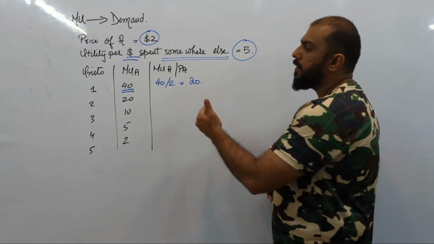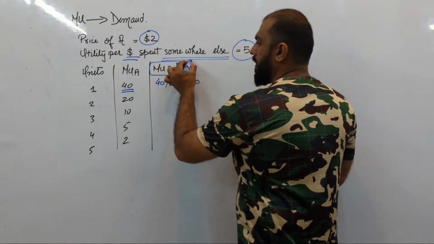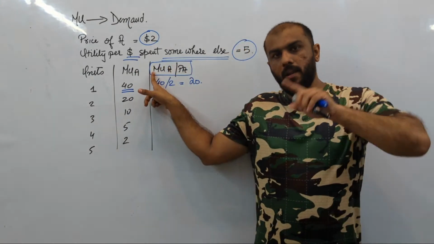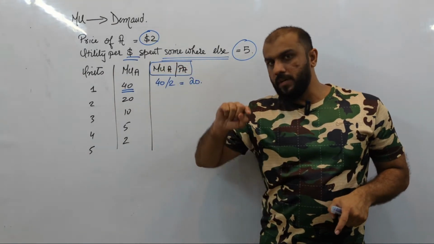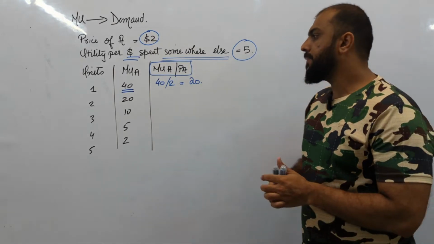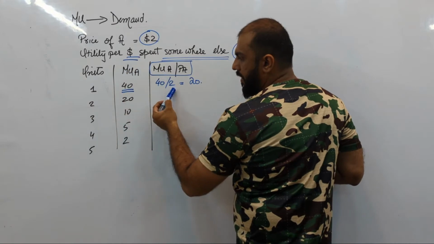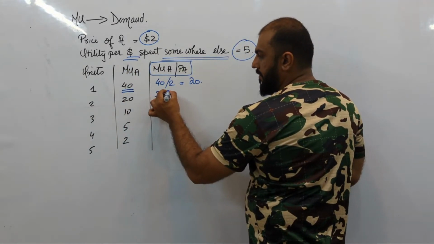Now, how am I going to state this in my answer? I'm going to say the marginal utility per dollar spent on A. All right, marginal utility per dollar spent on A. So for the first unit spent on A, every dollar gives me a marginal utility of 20. Moving on, 20 divided by 2.